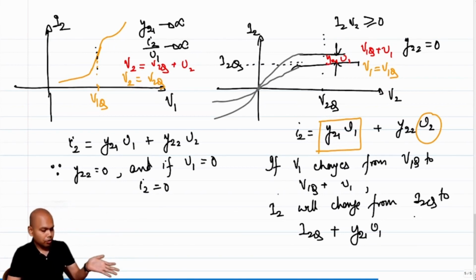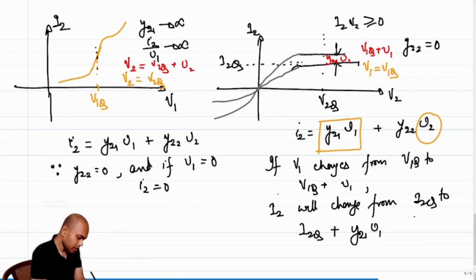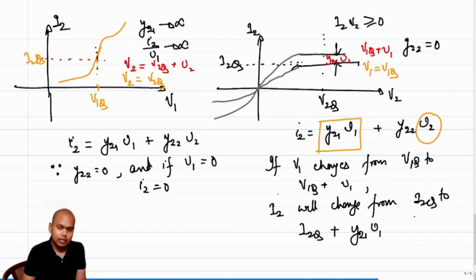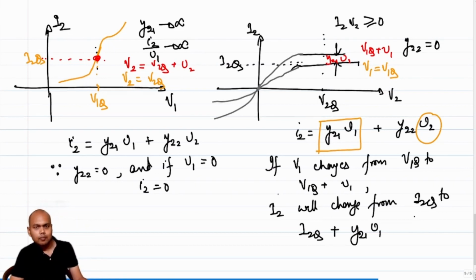So your I2Q will still remain as I2Q. So this was I2Q. Even with change in output voltage V2, this current will not change, and it will remain exactly where it is.